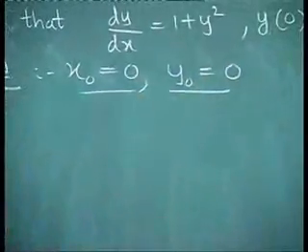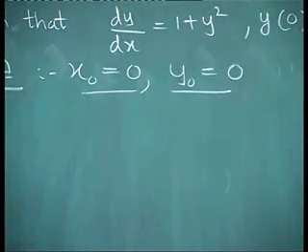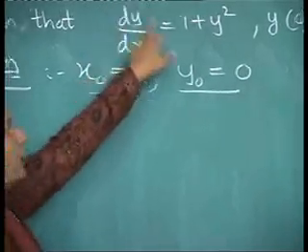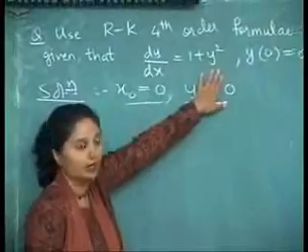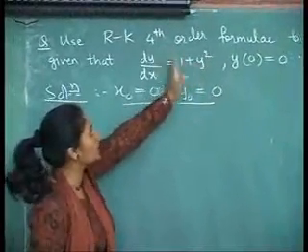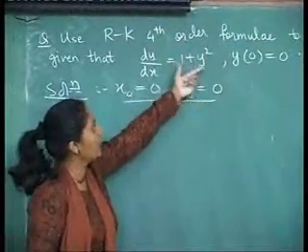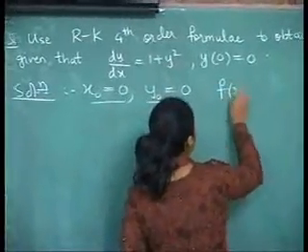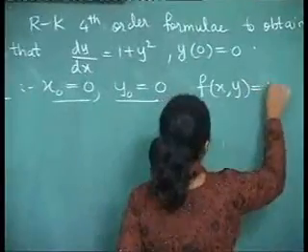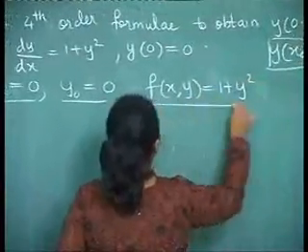Also make sure that your differential equation is always in the form dy by dx on one side and everything else to the other side. If not, then you have to transfer some of the terms over there. Then whatever you get on your right hand side is going to be your function. So f of x, y is 1 plus y square.